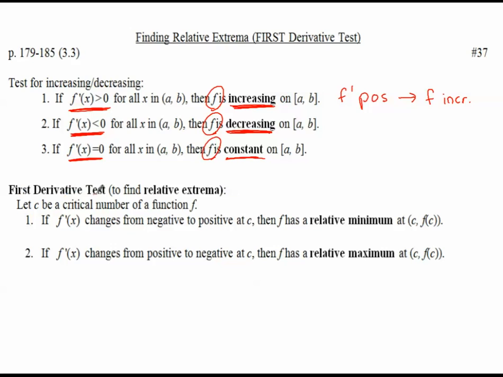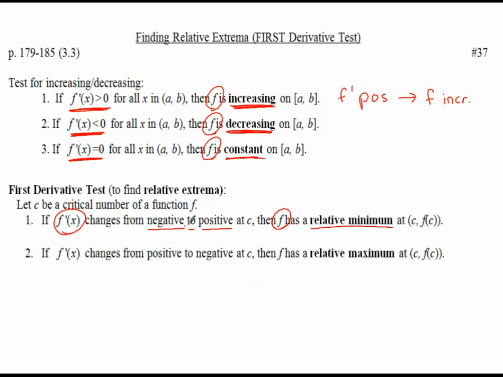So the first derivative test to find relative extrema. Let C be a critical number of a function f. If f prime changes from negative, so it's f prime that we're regarding, is changing from negative to positive at that critical number C, then f has a relative minimum at that critical number and its y value. We know the relative minimum is the y value.